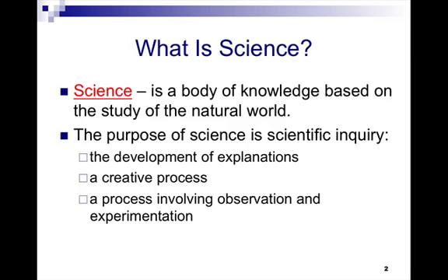Science is a creative process that's going to lead us to an explanation. And science is also a process involving observation and experimentation. And what you'll realize is that you probably use science all of the time, every single day, but you really don't realize that you're actually using science.